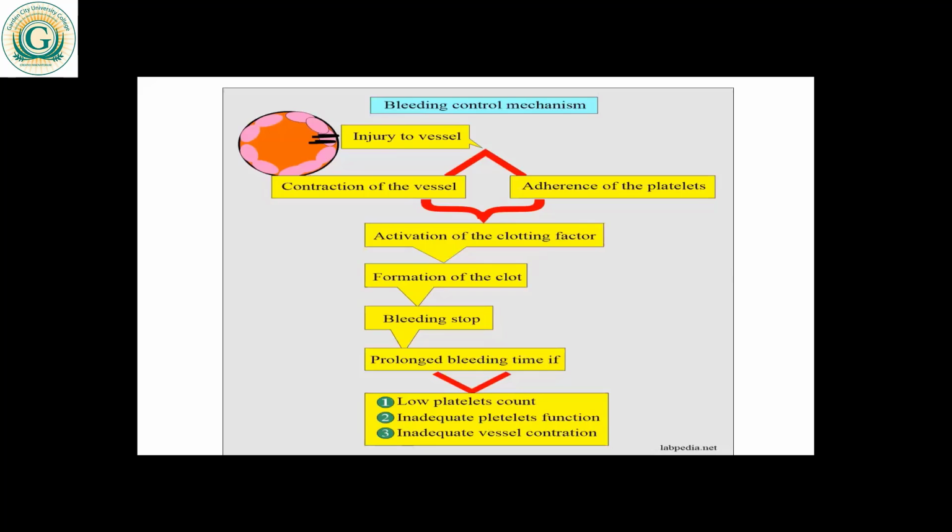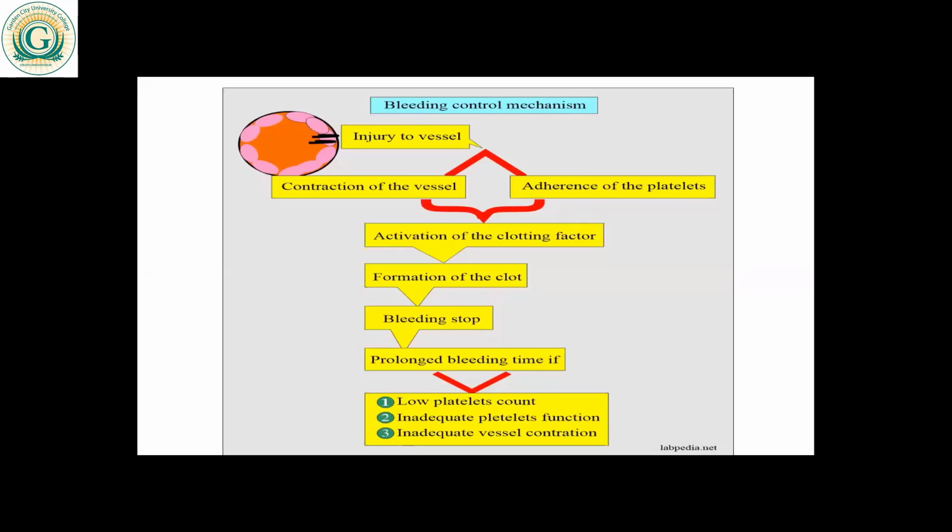And also when we have inadequate constriction. Constriction is when the vessel narrows, and it cannot do so if there are maybe low calcium levels. When there are low calcium levels, there's less contraction of the blood vessel muscles.